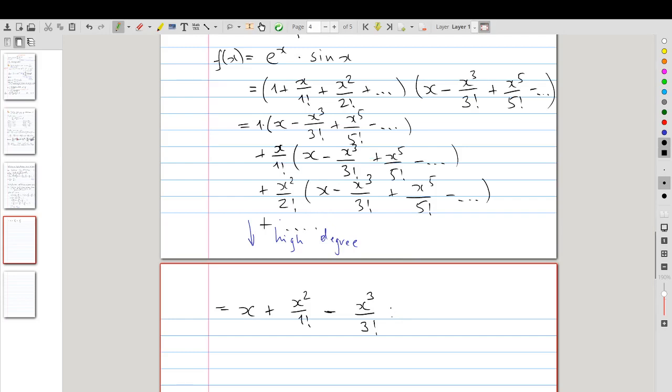So I will have plus x cubed over 2 factorial. And the subsequent terms in the third line are all of degree at least 5, right? I have degree 3 here and then degree 5 when I multiply x squared with x cubed over here. So these are all the x cubes I will have in my product, and so all the subsequent terms are of higher degree.